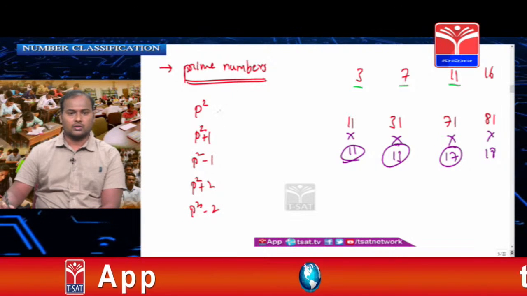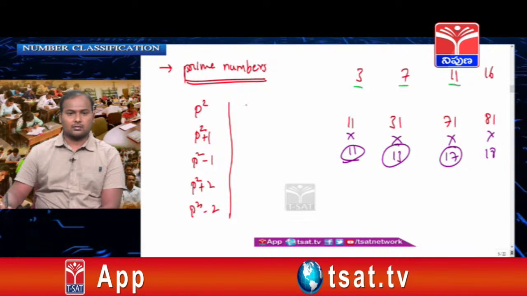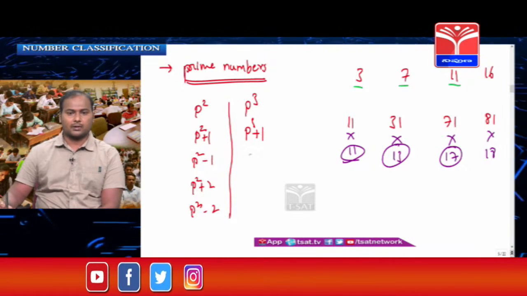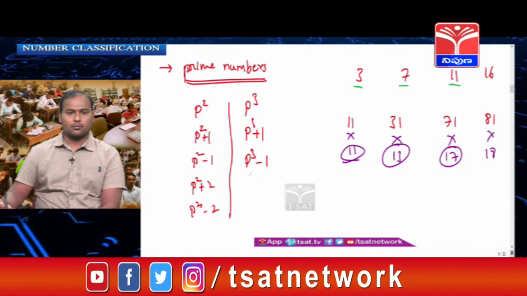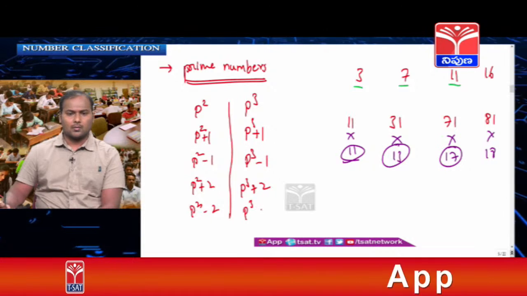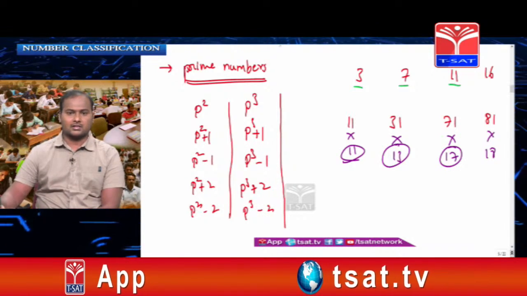All these are possible in the format of squares. He may even ask prime cube, the values near the prime cube, that is prime cube plus 1, prime cube minus 1, prime cube plus 2, prime cube minus 2. I am saying the different types of questions he may ask in the exam.